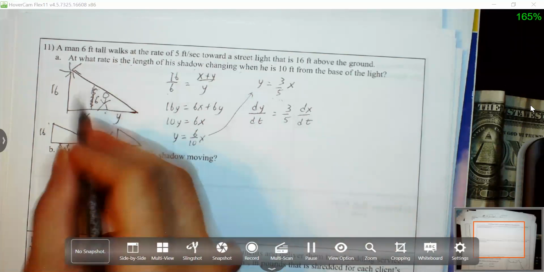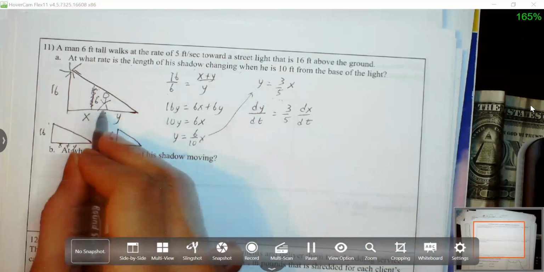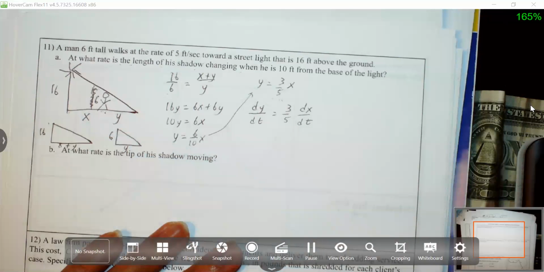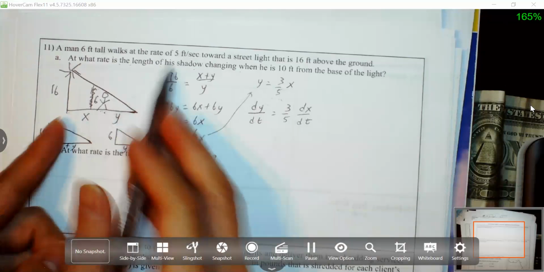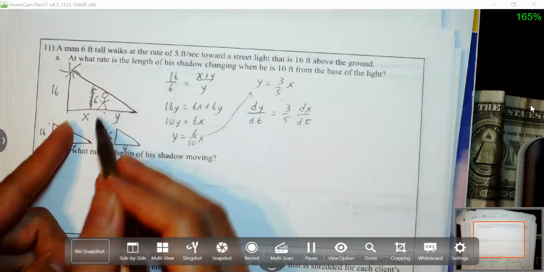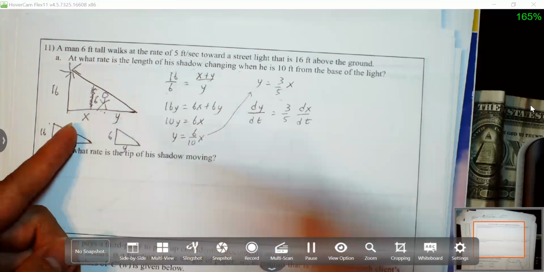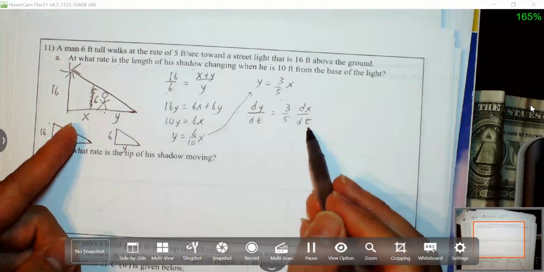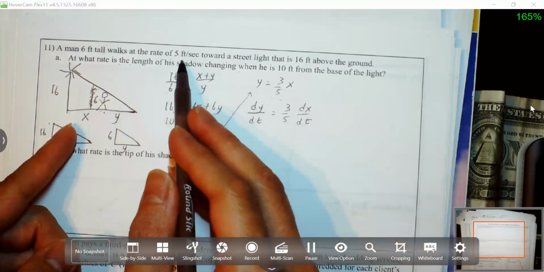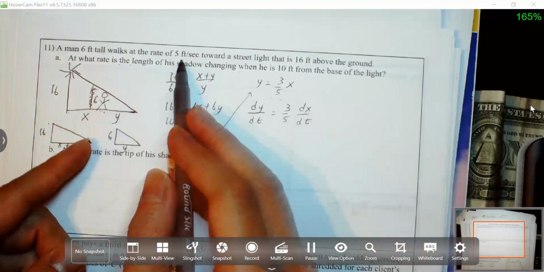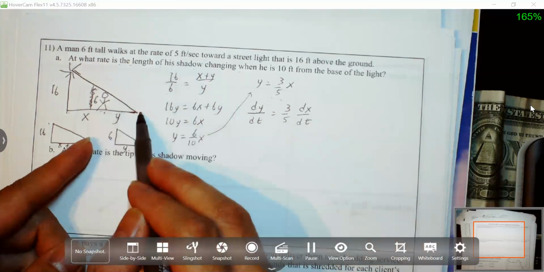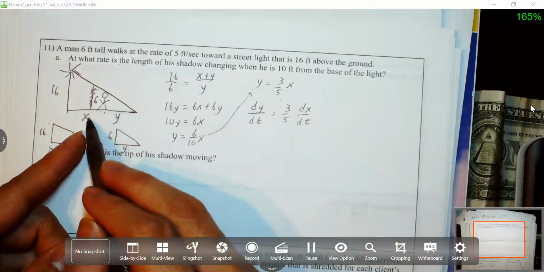If x is the distance between him and the lamppost, and he's walking 5 feet per second toward the street light, x is getting smaller. So that means our dx/dt is going to be -5, not +5. +5 would be if he's walking away from the street light. If he's walking toward the street light, it's negative.